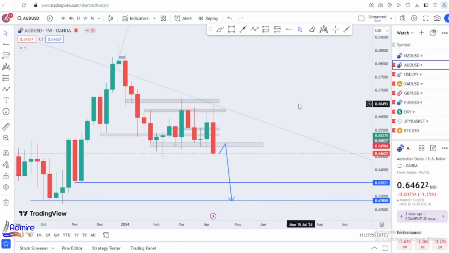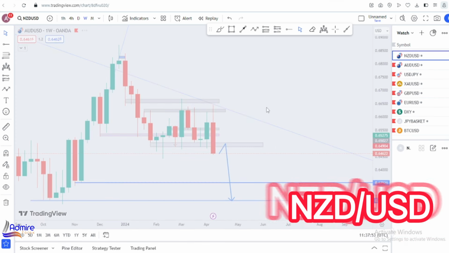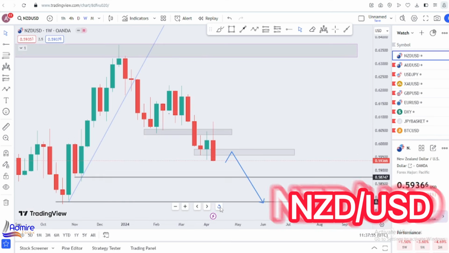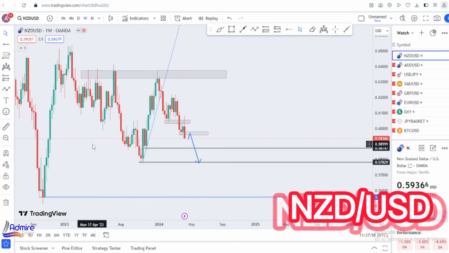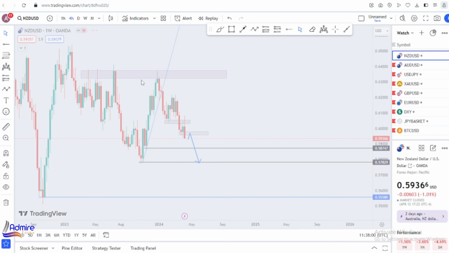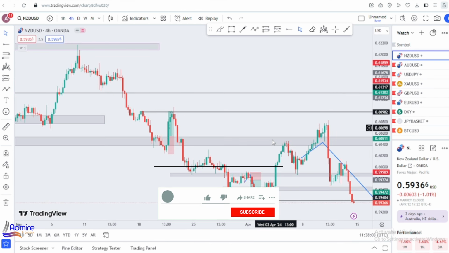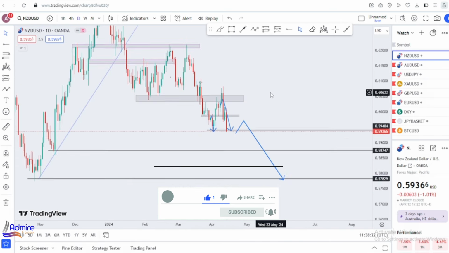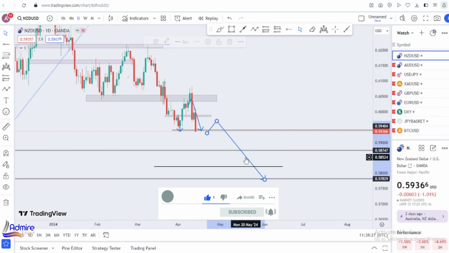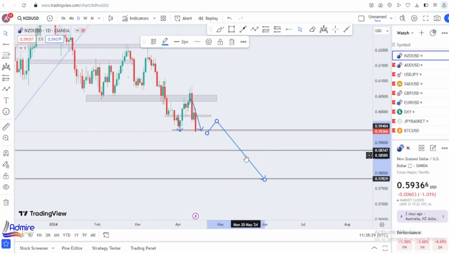Last but not the least, NZD USD, guys. For NZD USD, last week we actually predicted it with precision, and we wanted price to come into the zone and bearishness all the way to the downside. Even NZD USD has been super bearish all the way to the downside. We have two scenarios for NZD USD looking at it from the weekly time frame.